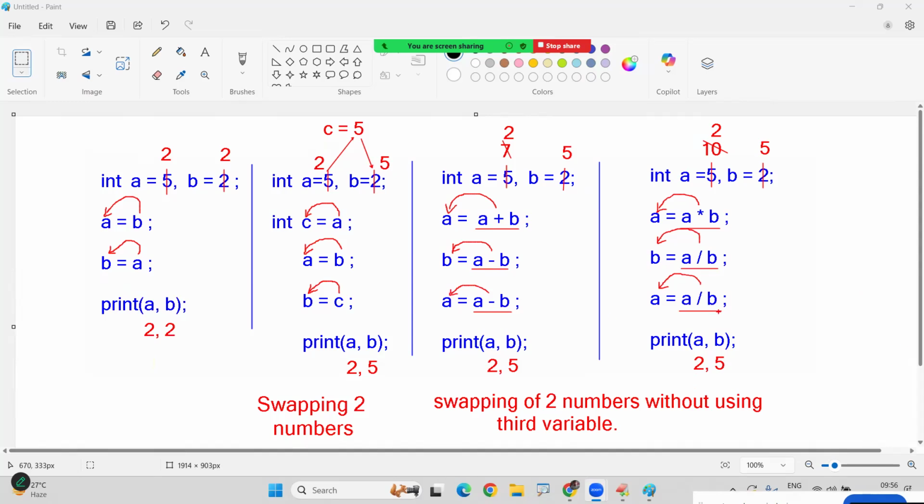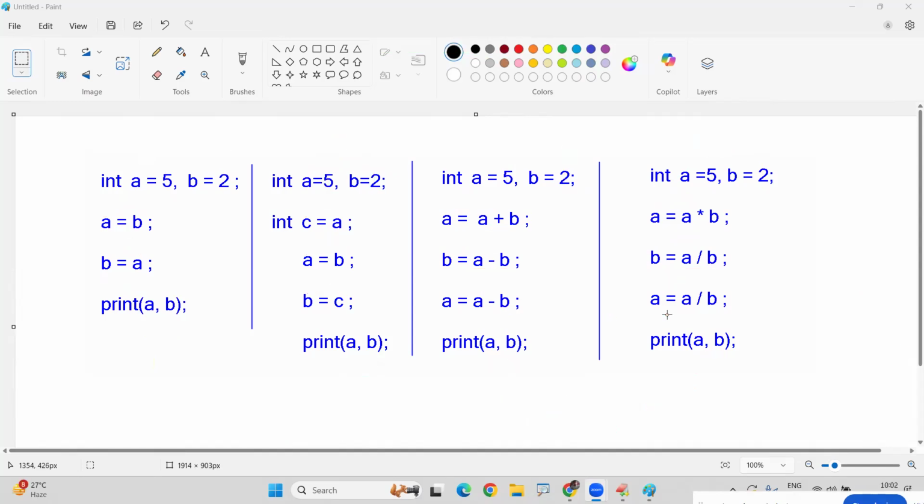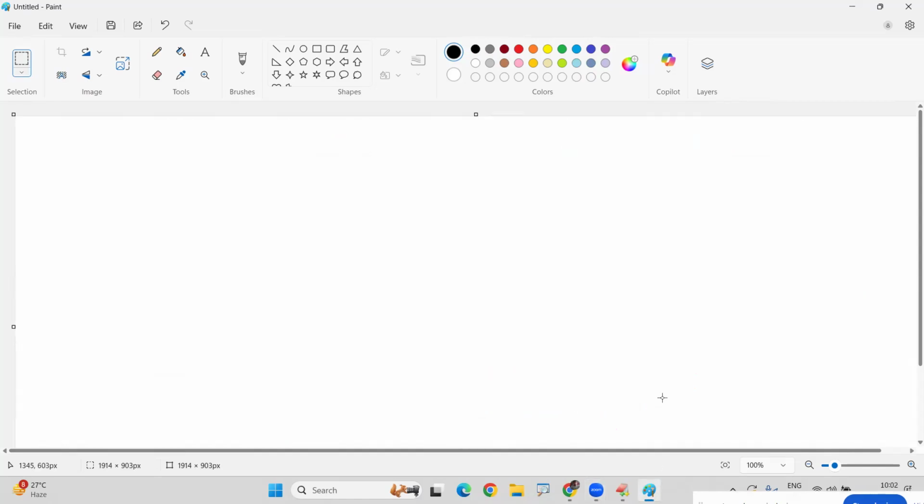Okay. Now, explaining the concepts of a few more arithmetic operators. There are 5 arithmetic operators. You know the basic arithmetic operators: addition, subtraction, multiplication.